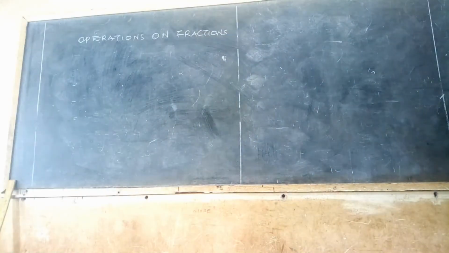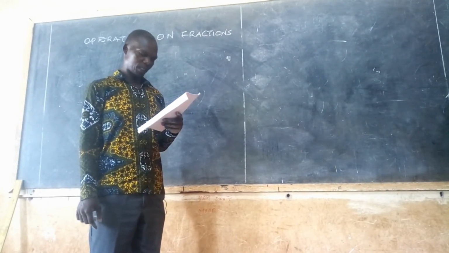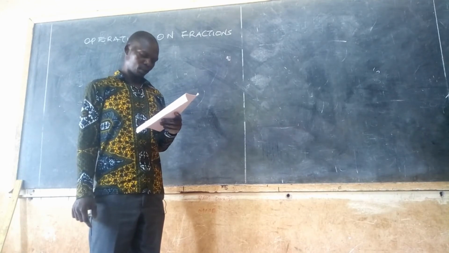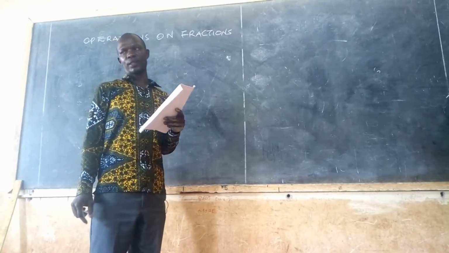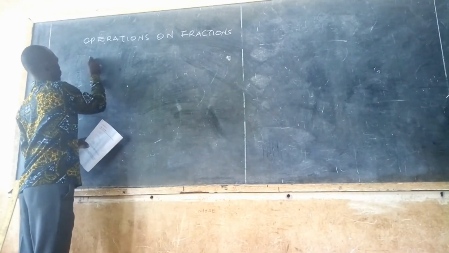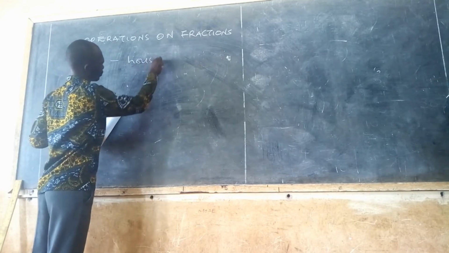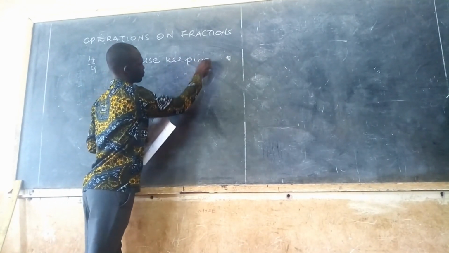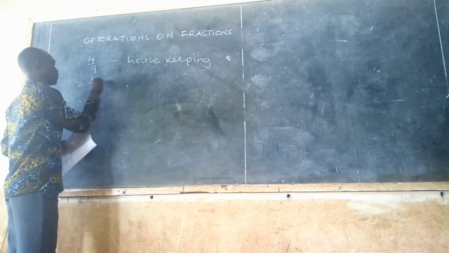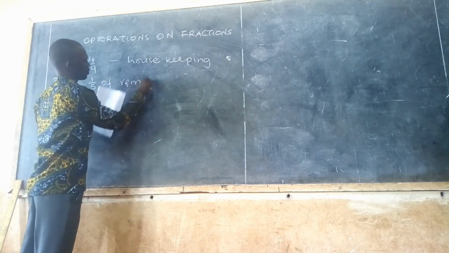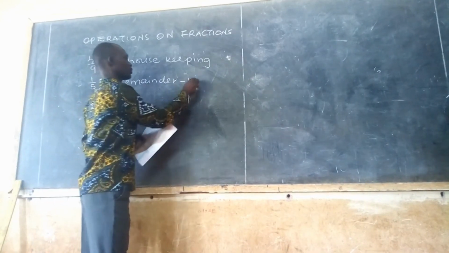Here is a sample word problem. There's one question here. 4/9 of my income goes for housekeeping. 1/5 of the remainder for education.